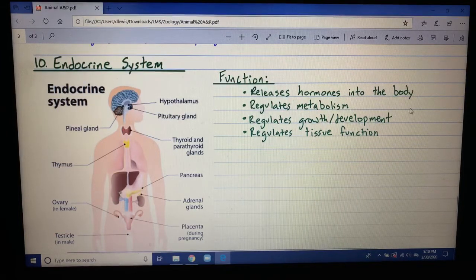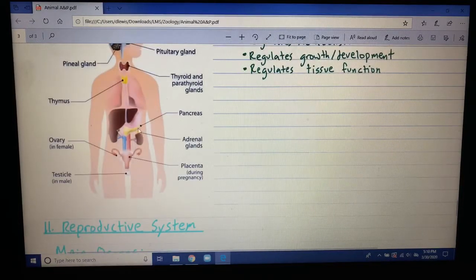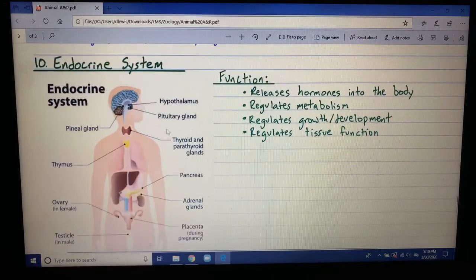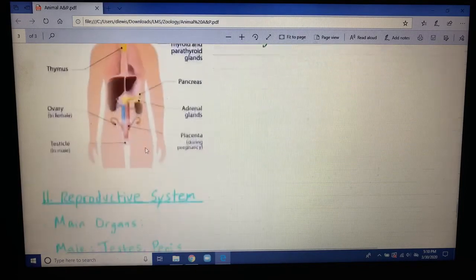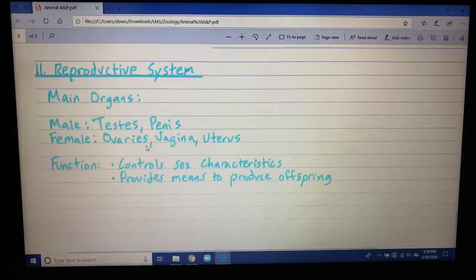It'll regulate growth and development, tissue function at various levels in the body. But like the urinary system, this will work to maintain homeostasis. All of the systems, in theory, would do that, but endocrine and urinary have a larger purpose in doing that. And then the last one is the reproductive system.